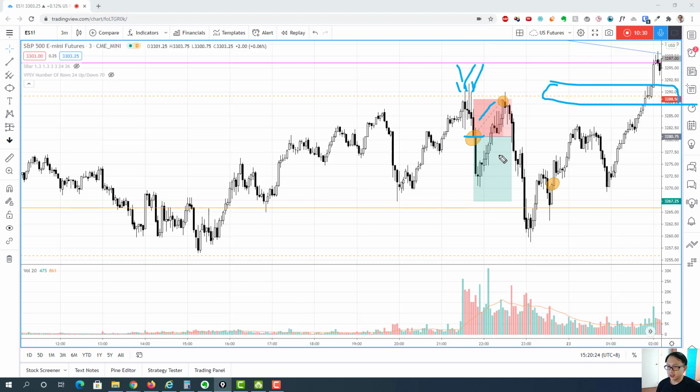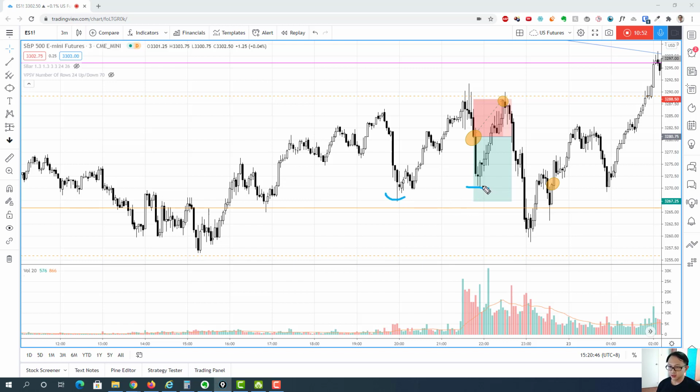What I actually anticipated at that time was at least a test of the immediate swing low here, or at least this orange line here. I think that's the immediate day high. But you can see that we just barely touched the swing low here.